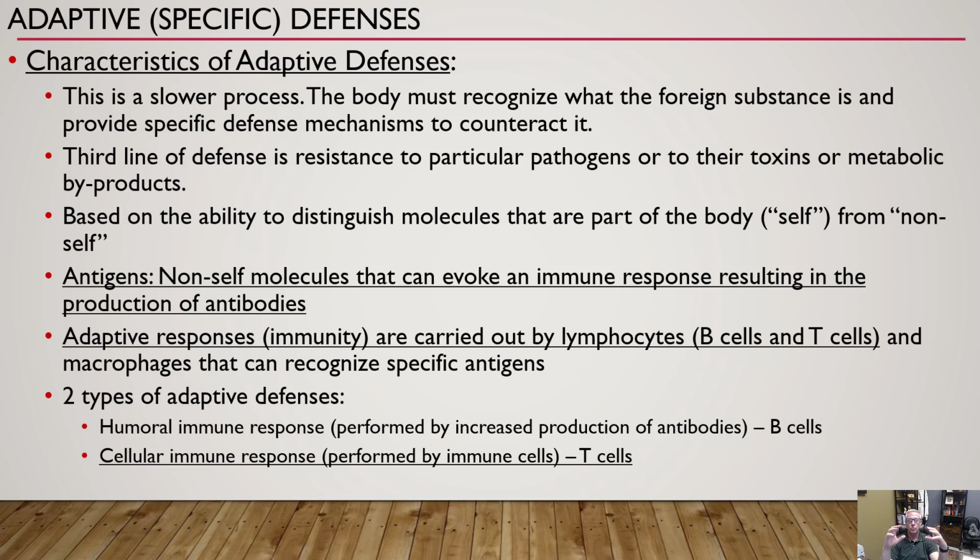So if a B cell or a T cell binds to that molecule in the bone marrow, that's going to be bad, because we don't want that binding, and the body knows that that should not happen. So the body's going to get rid of that B cell or that T cell.